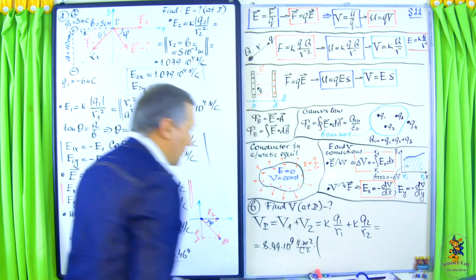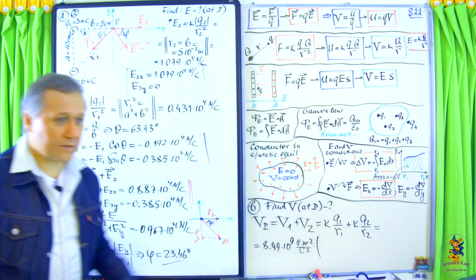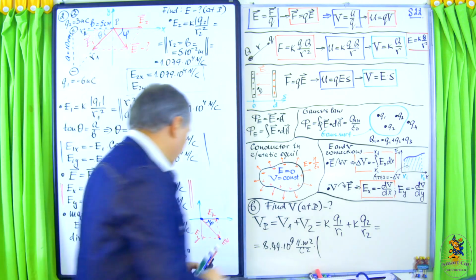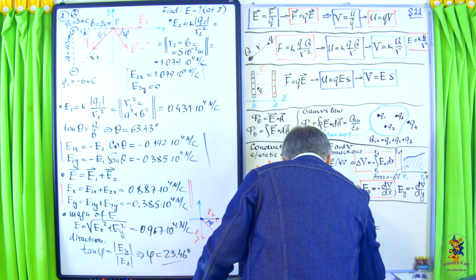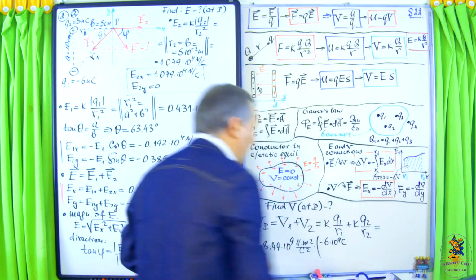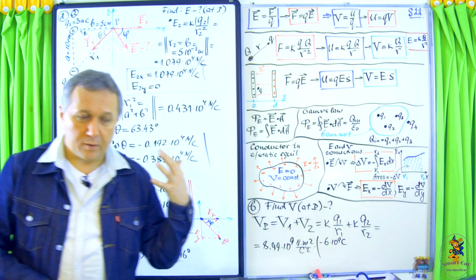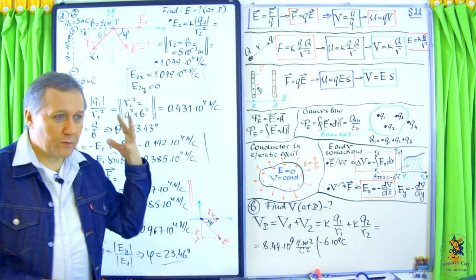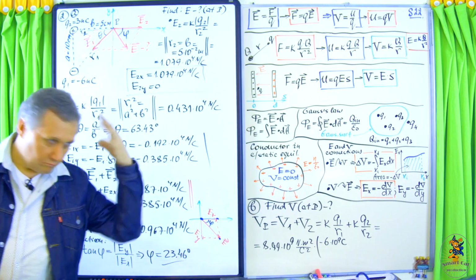And then I can factor out k, right? And then what will be inside of these brackets? Q1 is minus 6 nanocoulombs, minus 6 times 10 to the power of minus 9 coulombs. Again, another typical mistake in problems like this, don't forget about nanocoulombs. On the exam, if you forgot the meaning of micro or nano or pico, whatever prefixes are used, just raise your hand.